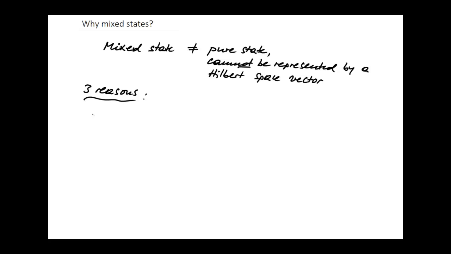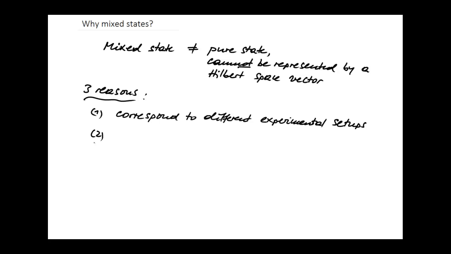And it turns out that there are experimental procedures or experimental setups that simply do not give rise to a pure state, but that give rise to a mixed state. So this is reason number 1, that mixed states correspond to experimental setups that simply do not give rise to a pure state.